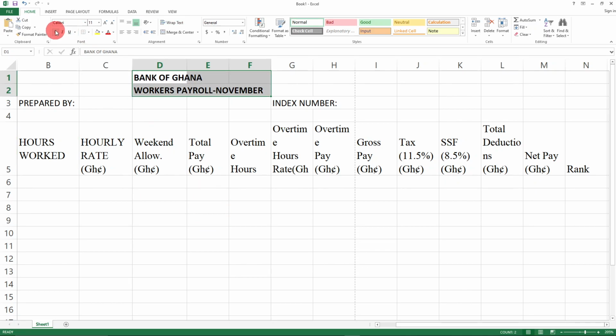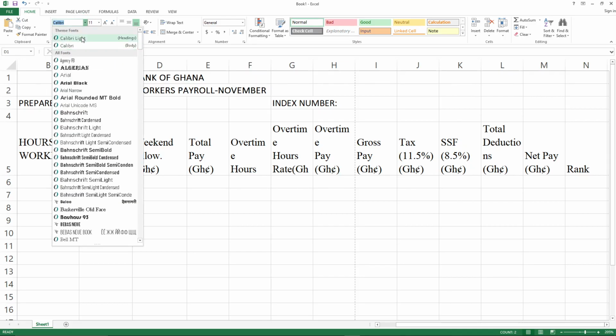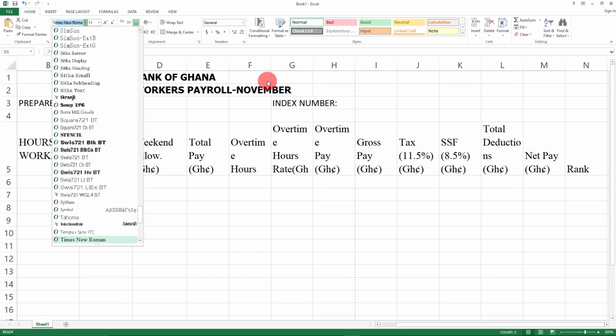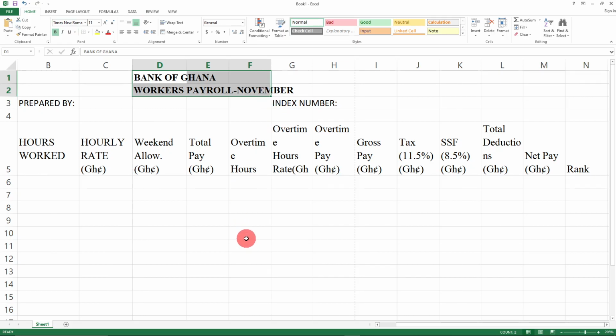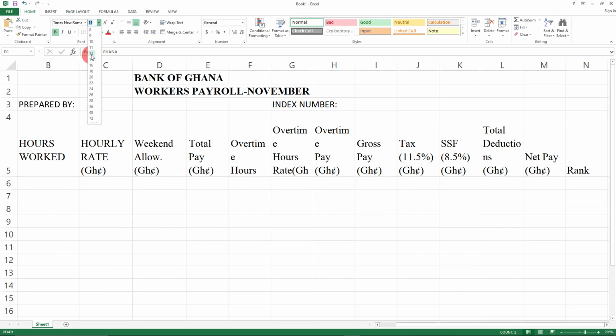This one, you can bold it. Use Times New Roman, and then select 12. Okay, you can move this one a bit to be in the middle. Okay, so now let's concentrate on this one.